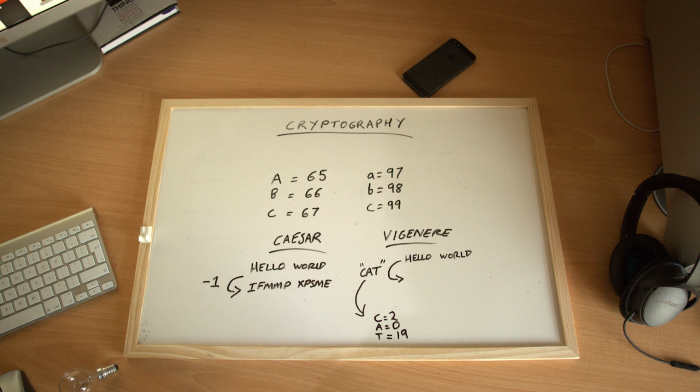So C is 2, and you can say 0 is A, and 19 would be T. This is how many positions we're going to shift each letter in the text to be enciphered. So in Hello World, H gets shifted 2 places to correspond with C, E gets shifted 0 places to correspond with A, and L gets shifted 19 places up the alphabet to correspond with our T in cat.